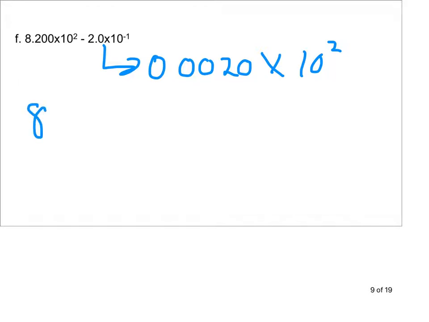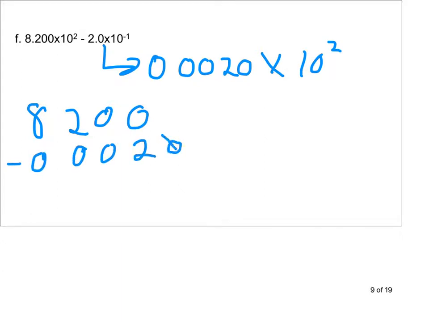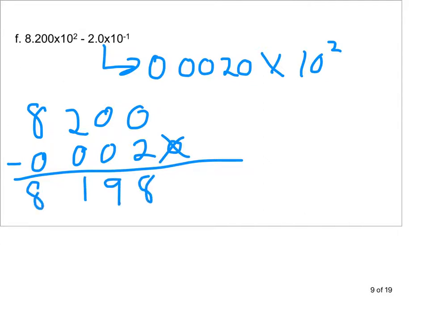So it's 8.200 minus 0.0020. That 0 doesn't matter. All these other zeros do. 200 minus 2 is 198. So it's 8.198 times 10 to the second.